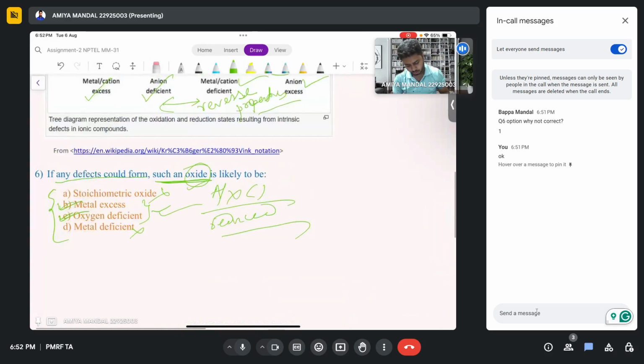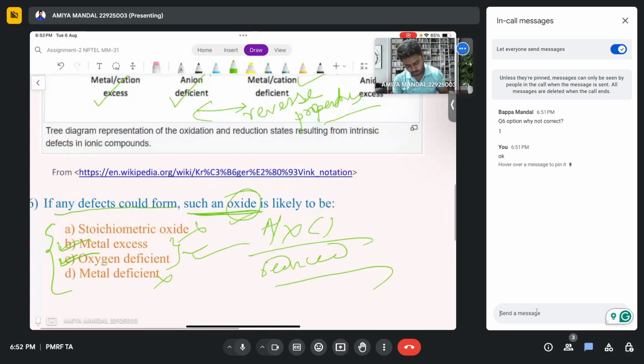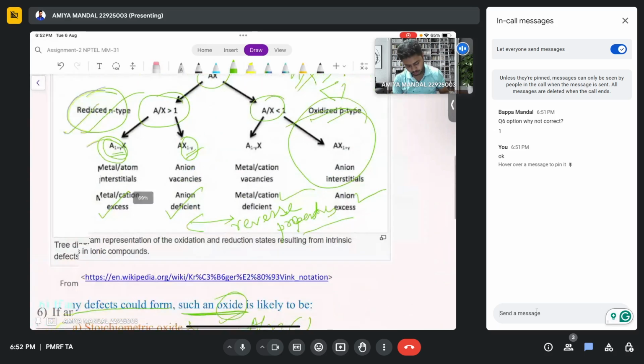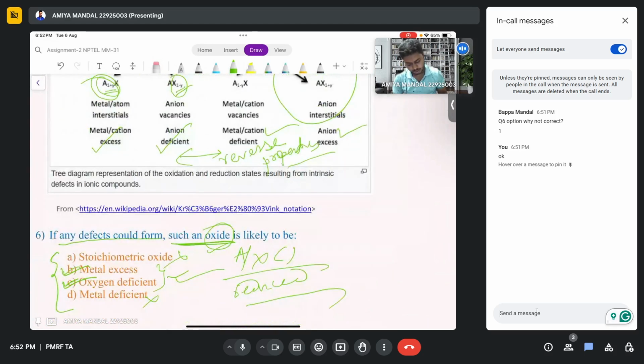Okay, stoichiometric oxide. Stoichiometric oxide has defects like Frenkel defect and Schottky defect. In these cases, charges are neutral.